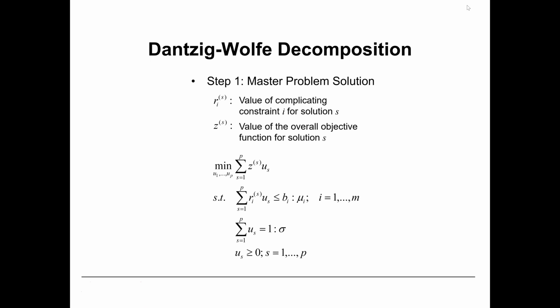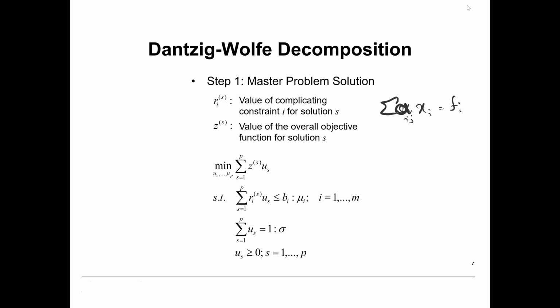Step 1 is the master problem solution. What we are going to do is find the value of complicating constraint I for solution S. Let's say you have a number of complicating constraints. Our complicating constraints could be sigma of Aij xi is equal to, let's say, fi.